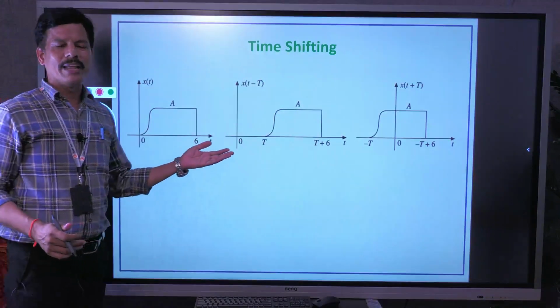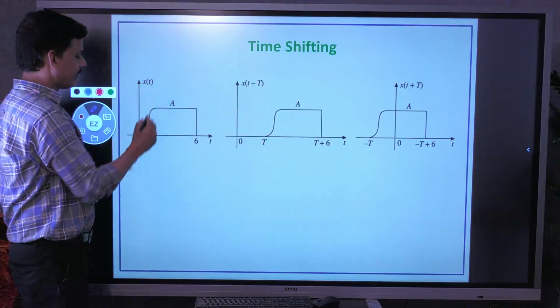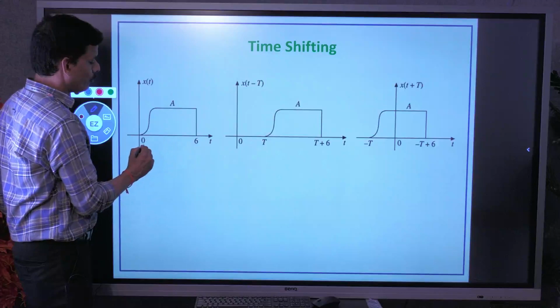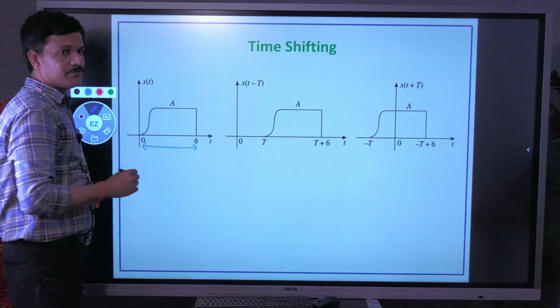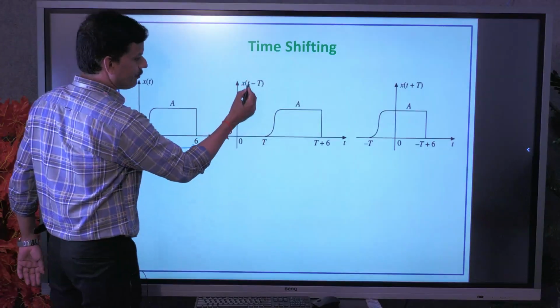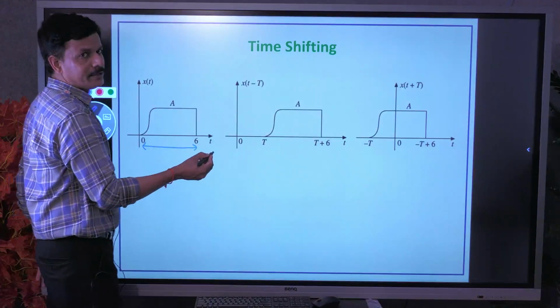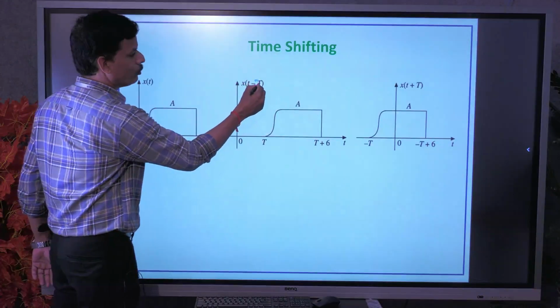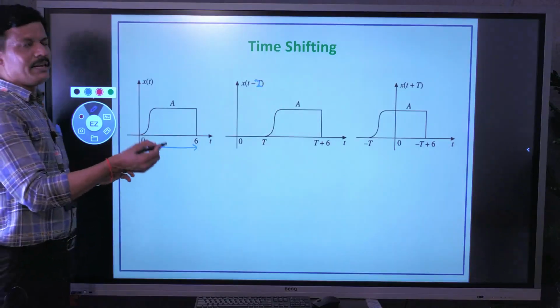Here is one example for clear understanding of time shifting. It is a given signal x of t defined in the interval 0 to 6 with an amplitude of A. Suppose we want to find x of t minus 2. What is the meaning of it?